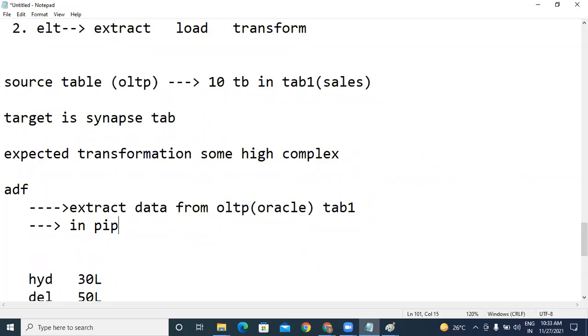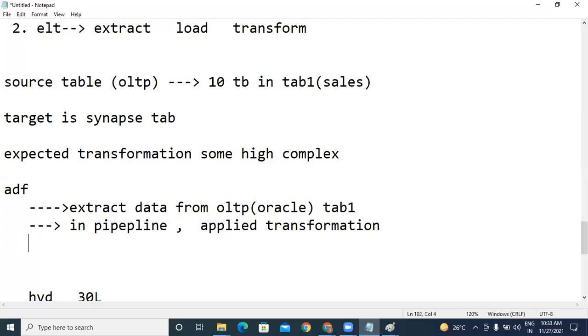In my data pipeline, I apply transformation logic. Results will be produced. The final destination of my pipeline is Synapse. That means load into Synapse.